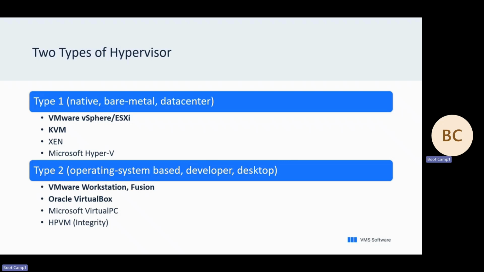And examples of those are VMware Workstation and VMware Fusion, Oracle VirtualBox, Microsoft Virtual PC. And this is not the one that you would find in a data center. On Integrity, we had HPVM. That was a type 2 hypervisor running on top of HPUX. And this is, of course, the first virtual platform that OpenVMS ever ran on. So we've done this before.